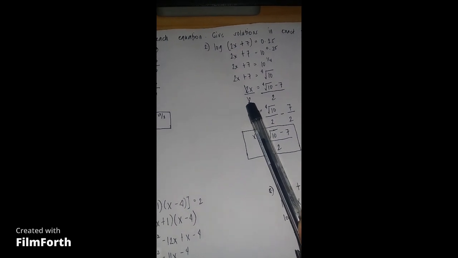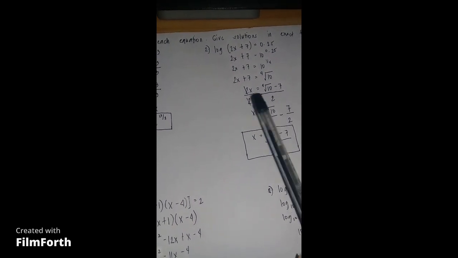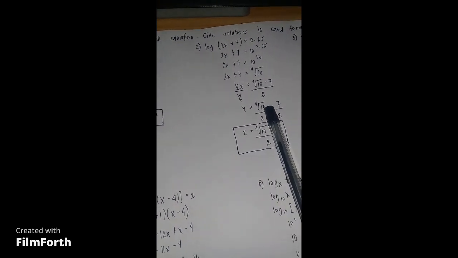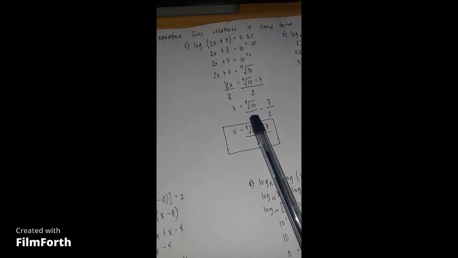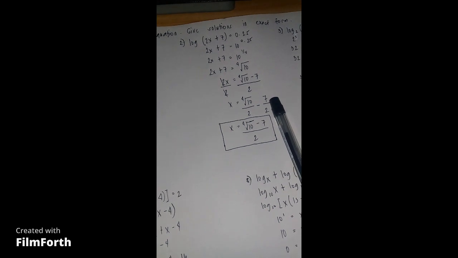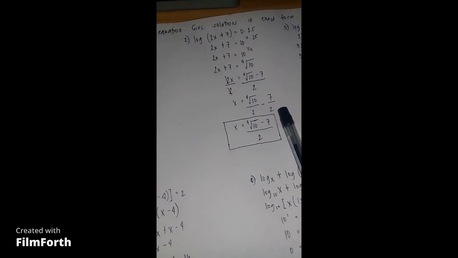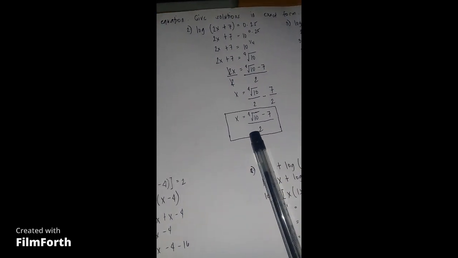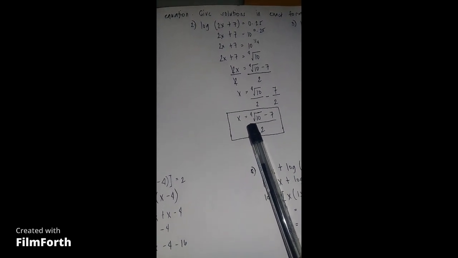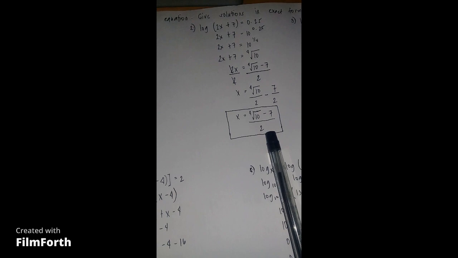So divide both sides by 2, so this must be cancelled. So x equals 4 square root of 10 over 2 minus 7 over 2. So this is our final answer in number 2. So x equals 4 square root of 10 minus 7 over 2.